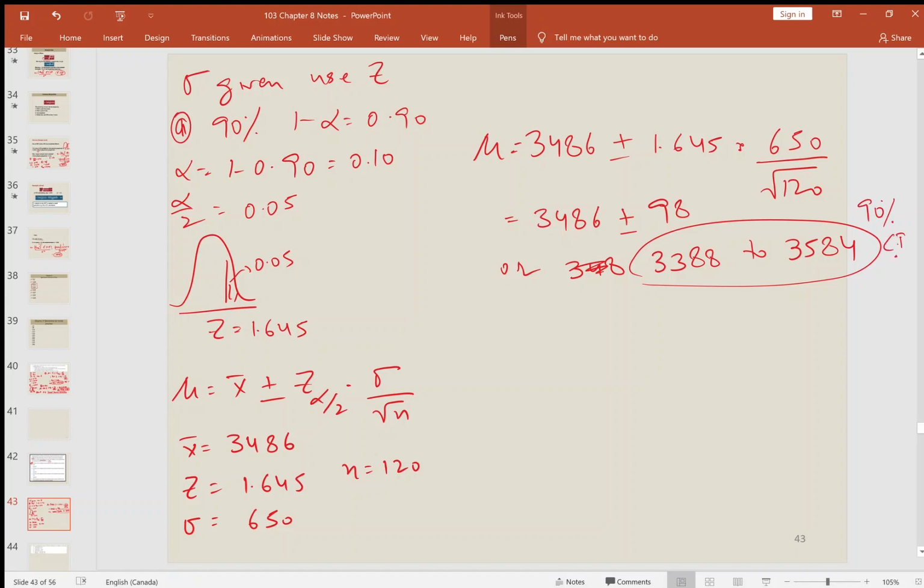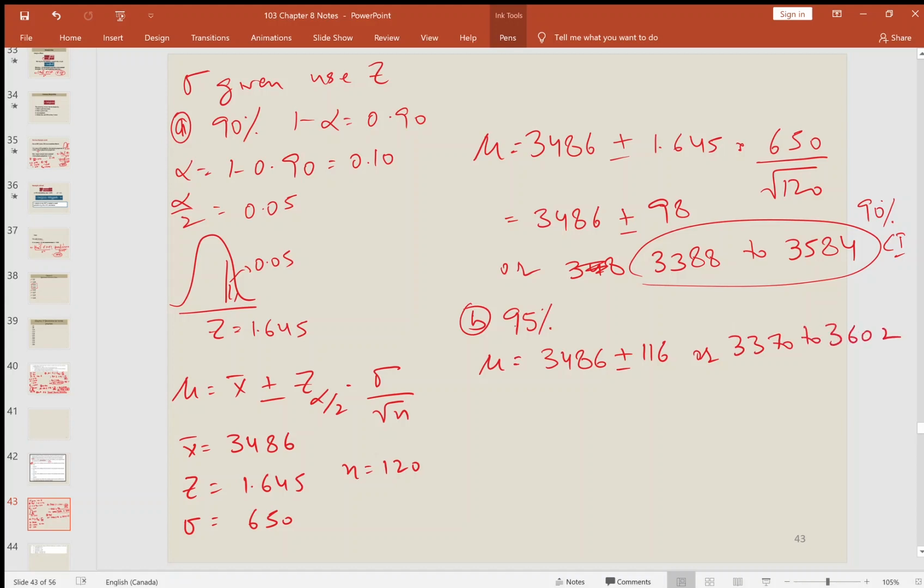Now in part B, where the confidence level goes up to 95%, you will find that mu is equal to 3486 plus or minus 116, or 3370 to 3602.